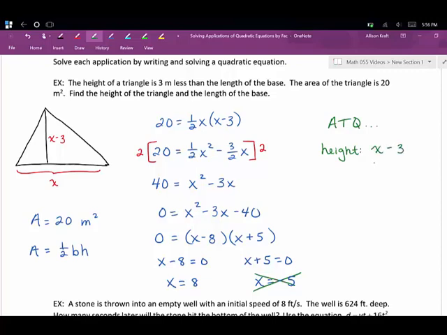We'll plug in our value for x, which is 8, subtract 3, we get that the height is 5 meters. The length of the base was defined to be just x, therefore the base of our triangle is 8 meters.